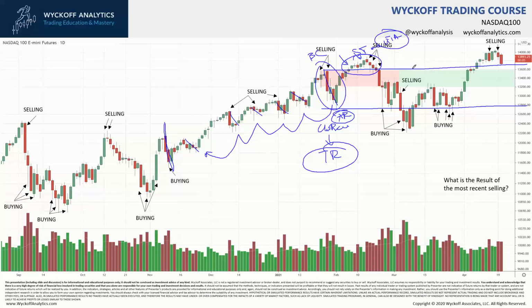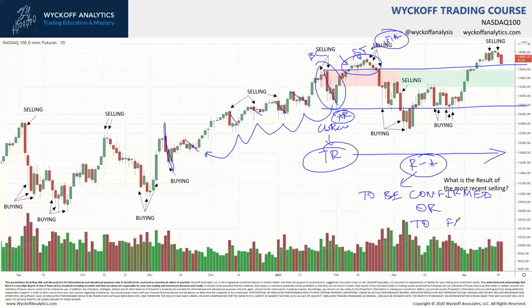So we would be seeking a confirmation throughout the whole trading range that the bias of this trading range is a reaccumulation, and this is very important right now, so please pay attention, to be confirmed or to fail.